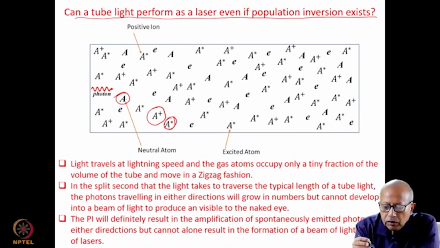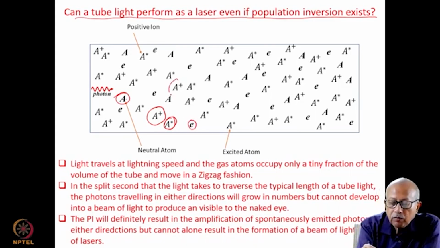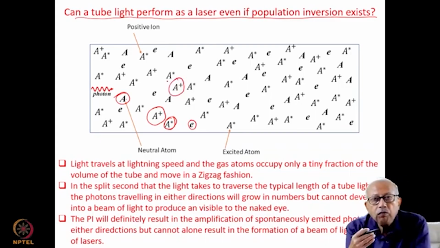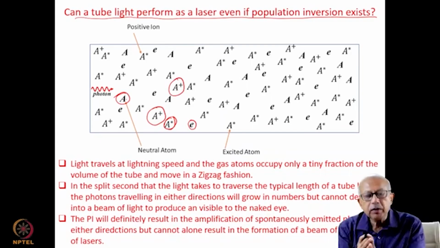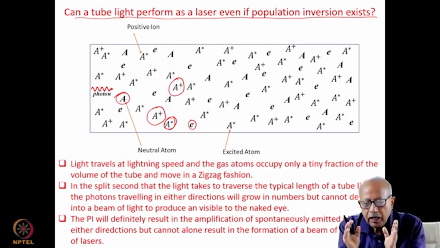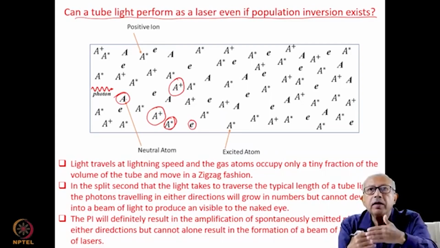Of course, there will be electrons present in equal number as the positive ions, for obvious reasons. And now we begin with the presumption that a population inversion exists in this discharge tube.